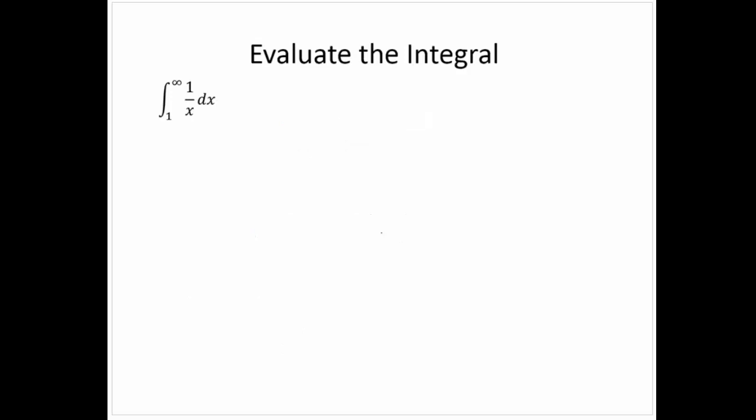We are asked to evaluate the integral from 1 to infinity of 1 over x dx. So this is an improper integral, since the upper limit is positive infinity. And so what we will do is instead evaluate the limit as t approaches infinity of the integral from 1 to t of 1 over x dx.